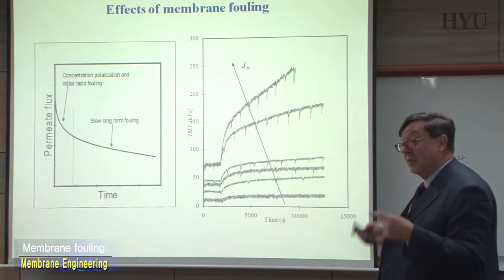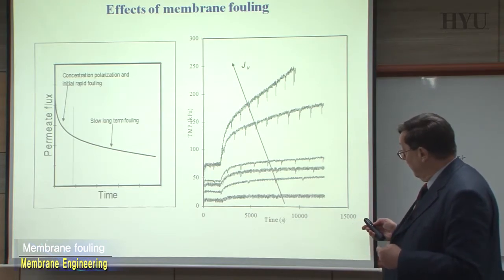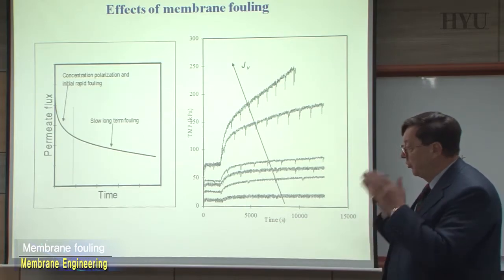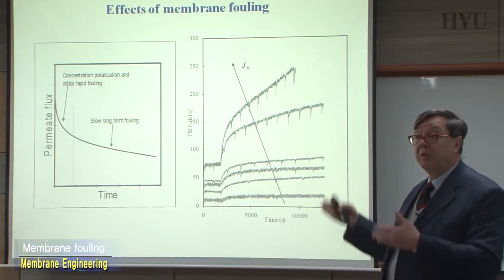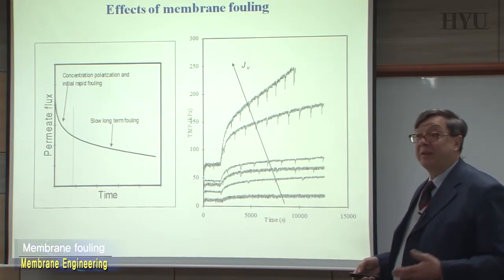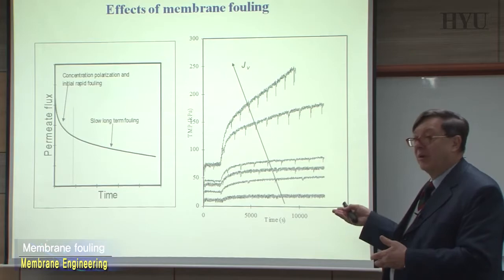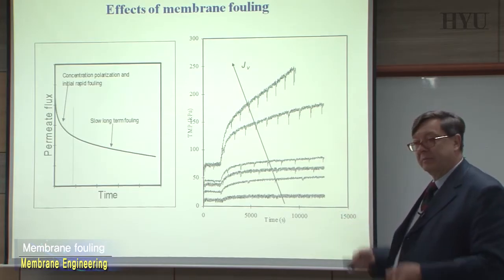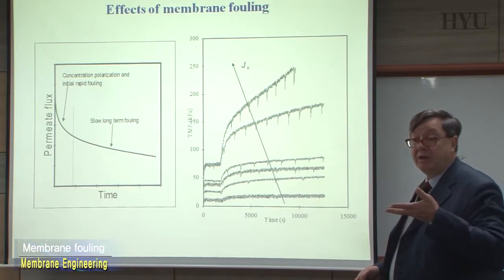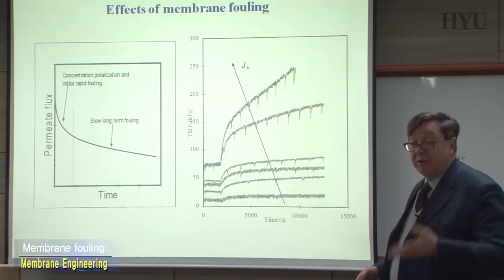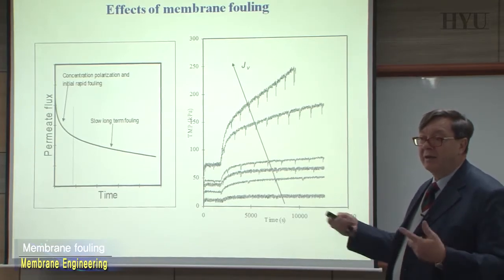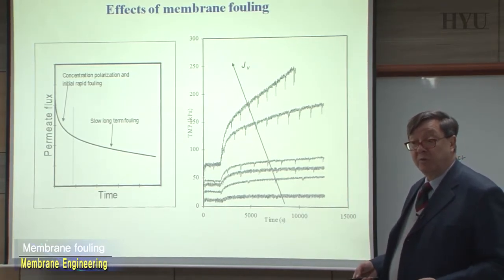You have to understand what is going on, because normally when this kind of thing happens, you are the operator, and you have to produce a certain number of cubic meters of permeate per day, and you want to go home. If something is happening and the permeate flux is decreasing, you increase the pressure. You say, let me increase the pressure, and I will arrive at the end of the day with my cubic meters of permeate.